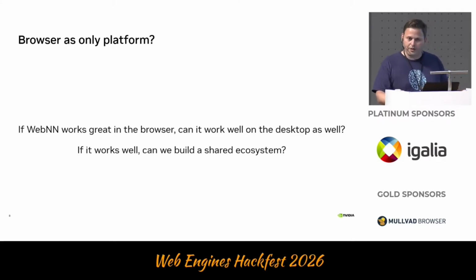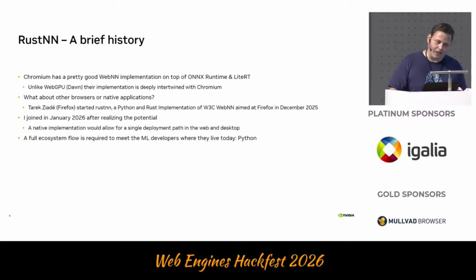Shouldn't we have something for WebNN as well, so that we are able to run the WebNN tests on the desktop, we develop on the desktop, and then we compile and ship in the browser? Or you have 2 code paths depending on where you want to ship your application. The more you can share, the less you have to develop twice. Can we build a shared ecosystem? And this is where RustNN started.